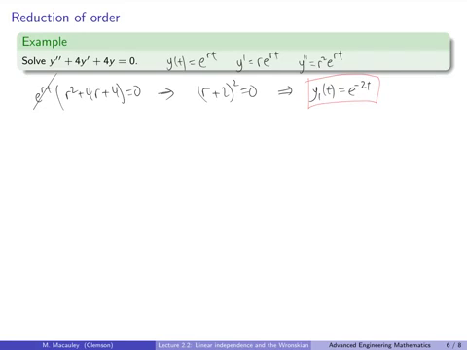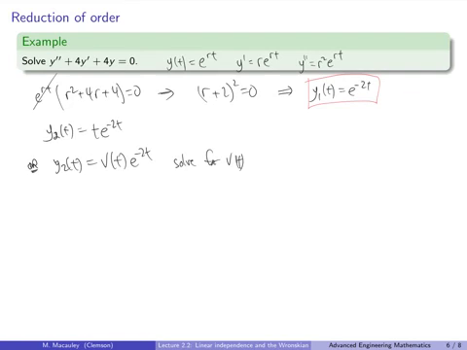So what did we do last time? Well, there were several ways. One way that you likely know and remember is that you just remember that your second solution is, you just stick a t in front. It's t e to the minus 2t. And if you do remember that, that's fine. You can use it. But if you don't remember that, remember what we did is we said we can take y2 of t and assume it's of the form v of t e to the minus 2t and solve for v of t.